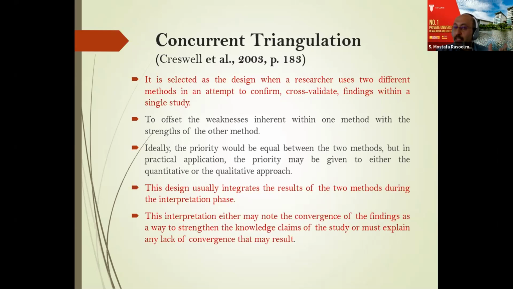Also, in concurrent triangulation, we can give dominant weight to one method. For example, for customers' green behavior, the dominant part is quantitative.